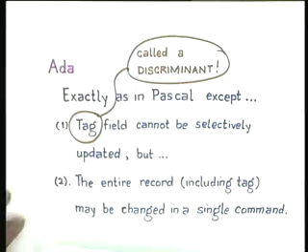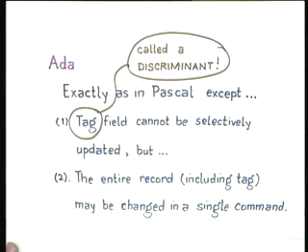You could change the entire record in a single command through various syntactic means by the use of various kinds of brackets. So, if you had records within a record, the components of a record would be written in parentheses, very much like the ML tuples, and if there were records within records, then you would have more and more nested parentheses inside. And so, a large record could be changed in a single assignment command by using an aggregate.